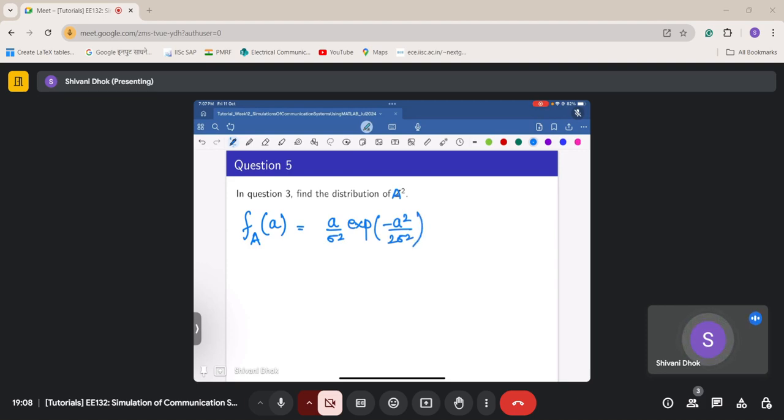Okay, so this is what we have, and this is for a greater than or equal to 0. And let's say your b is your a square, and we want f of b, little b.